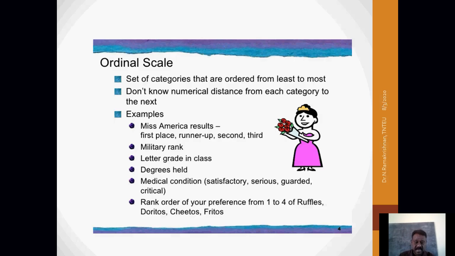Letter grade in class, suppose A, B, C, D. For example, in schools they are giving A plus plus, A plus, A, B plus plus, B plus, B. So this grade is also ordinal scale. It denotes some quality, and on the basis of quality you have been ordered.